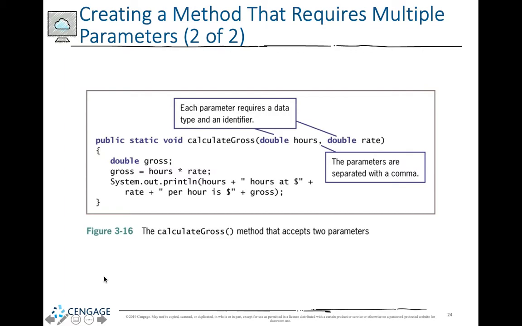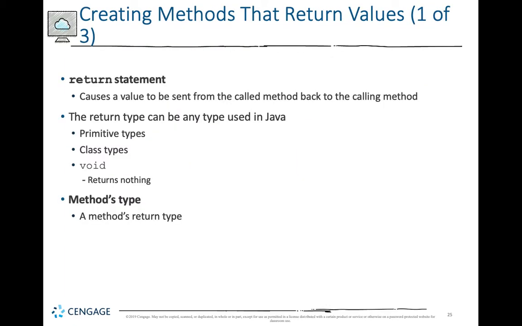All right, let's go on a little bit. So you've got your return statement. Things to remember about your return statement: this causes the value to be sent from the called method back to the calling method. Your return type can be any type of data. It could be primitives. It could be class types.